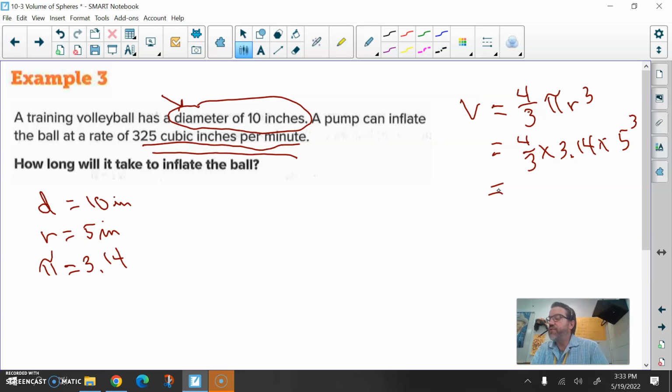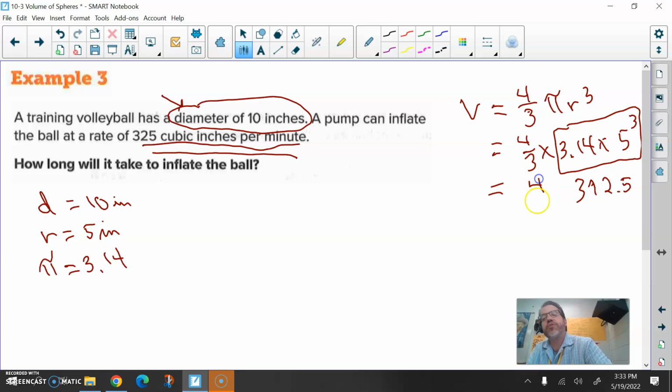All right, if you have solved this correctly, 4/3 times, if you just focus on this part right here, 3.14 times 5 cubed, and do that on your calculators. Let's just do the whole thing here. Find this value here, then take it times 4, and then divide that by 3. This part here alone I do know is 392.5.